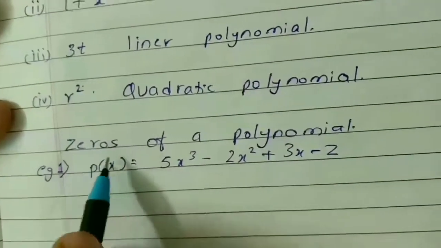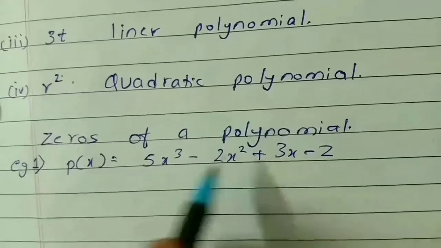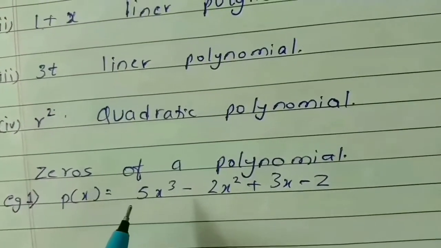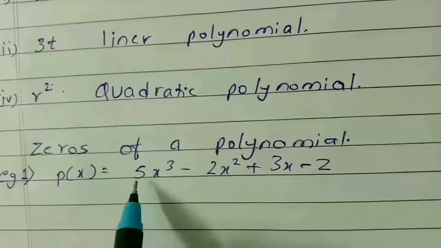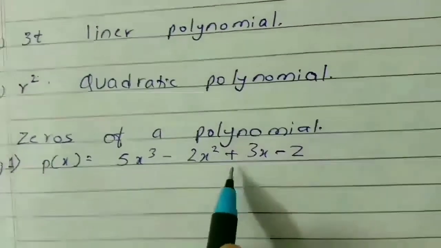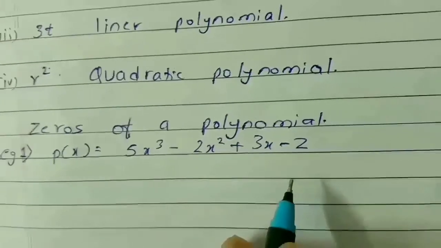Now we learn zeros of a polynomial. What do you mean by zeros of a polynomial? Here the question is p(x) equal to 5x cube minus 2x square plus 3x minus 2.